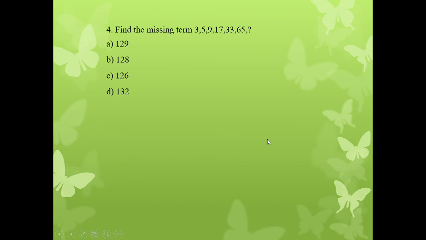Next problem. Find the missing term in the series 3, 5, 9, 17, 33, 65. In this series, the rule is 2 into the previous element minus 1. So for the next term, that is for the 5, 3 into 2, 3 2s are 6 minus 1, you will get 5.